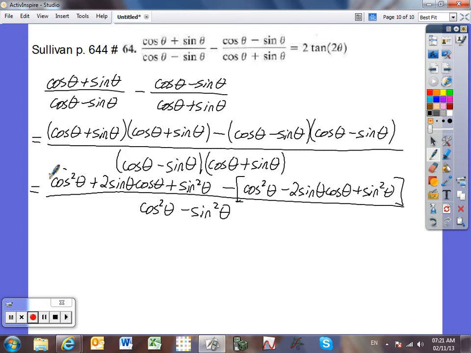Now observe that I have a cosine squared and a sine squared here, so that's going to give me a total of 1, and I've still got 1 plus 2 sine theta cosine theta. And now the expression that I'm subtracting, I've got cosine squared plus sine squared, that again is a 1.